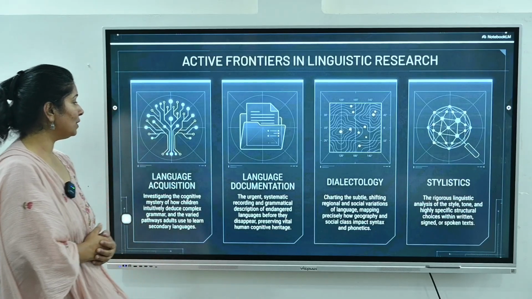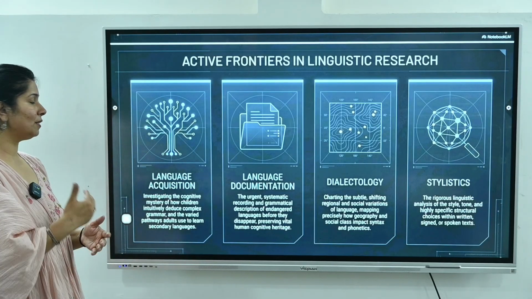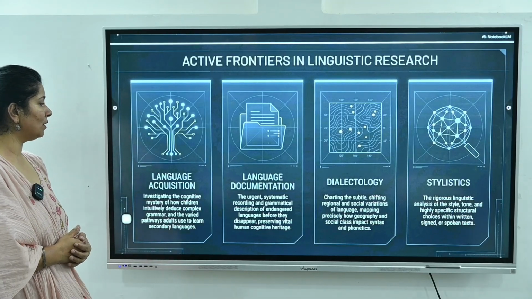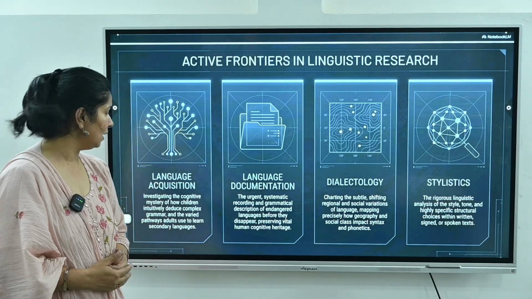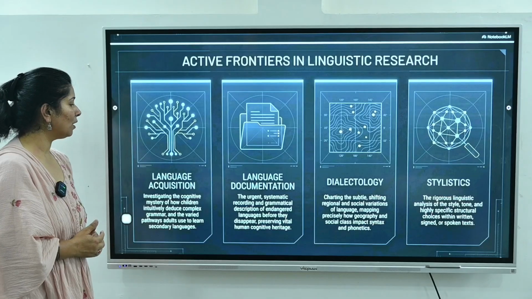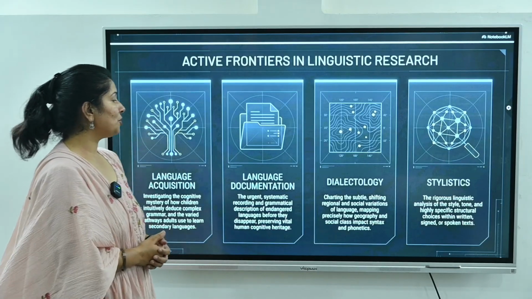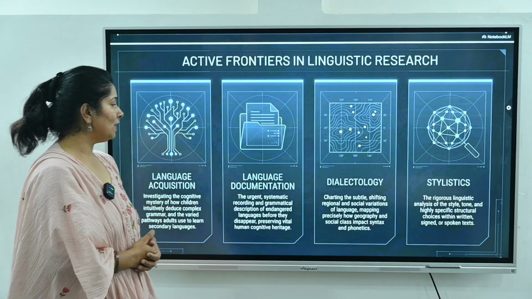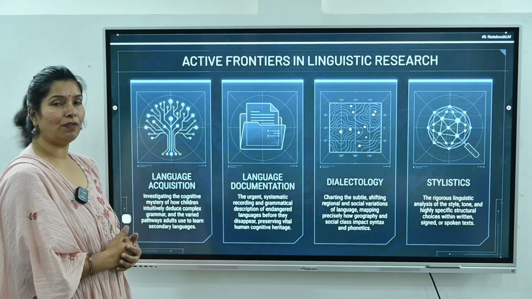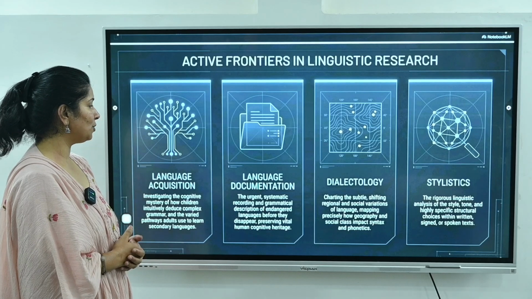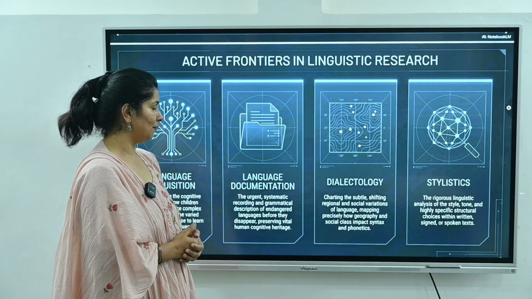Second one is language documentation, the urgent systematic recording and grammatical description of endangered languages before they disappear, preserving vital human cognitive heritage. Another one is charting the subtle, shifting regional and social variation of language, mapping precisely how geography and social class impact syntax and phonetics.